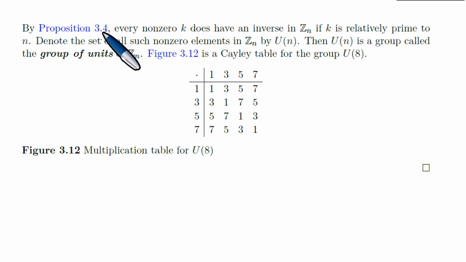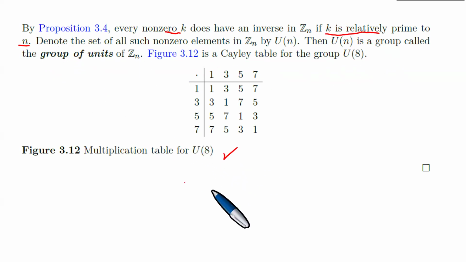We saw proposition 3.4: every non-zero k does have an inverse in Zn if k is relatively prime to n. So if k is relatively prime to n, then you can get the inverse of k.